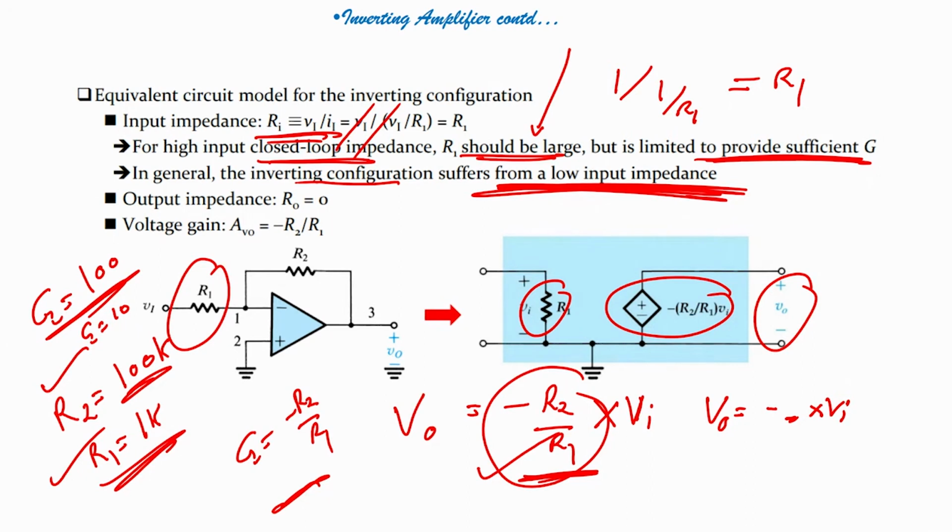So, in case of the inverting amplifier, the low input impedance is a problem, or in other terms, the inverting amplifier configuration suffers from a low input impedance, alright. Output impedance is 0, voltage gain is nothing but minus R2 by R1. Easy, super easy, right.